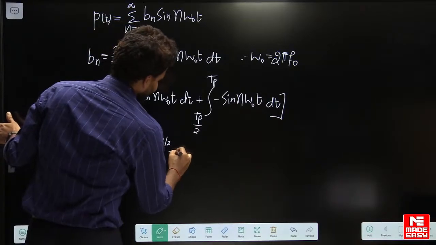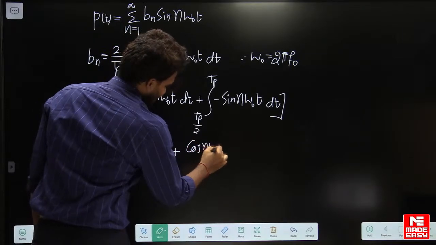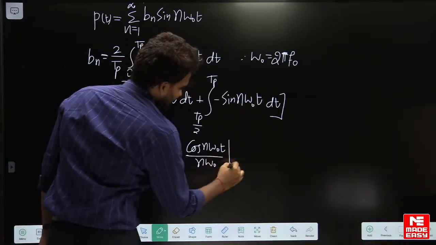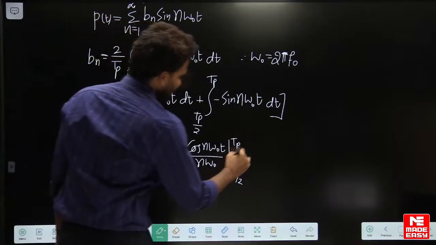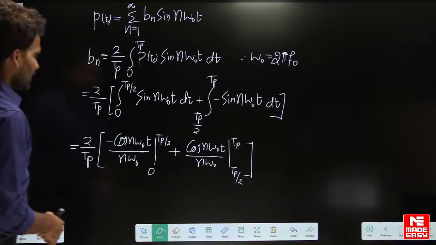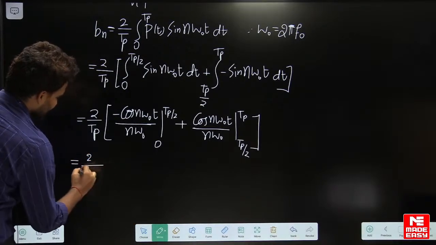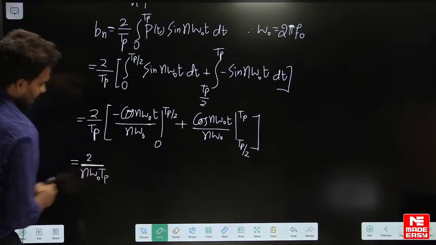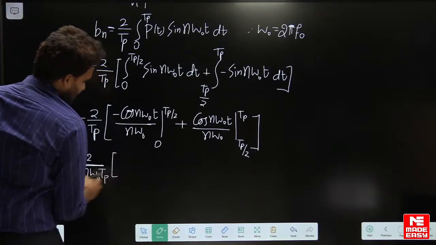And integration of minus sine will be cos, so cos n omega naught t by n omega naught, from Tp by 2 to Tp. So 2 by n omega naught Tp, I am writing n omega naught outside, and now substitute the limits.